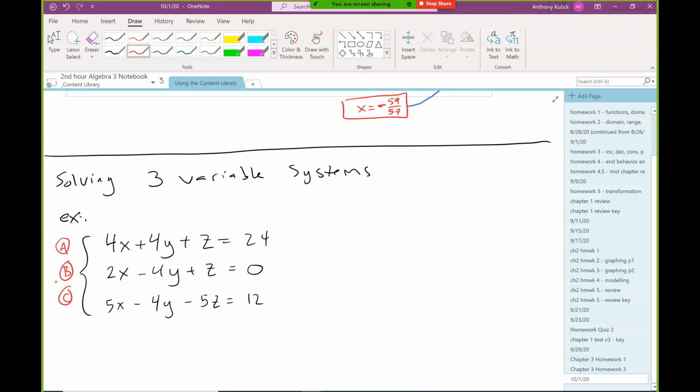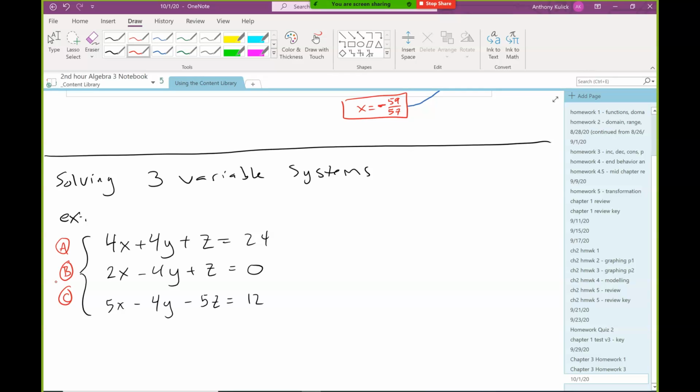We're not doing elimination right now, we're doing substitution, so we're trying to isolate a variable. I would not pick y from any of these equations, because getting y by itself would involve dividing by 4, which is going to create a fraction in all of these equations. And if I don't have to deal with the fraction, I prefer not to.